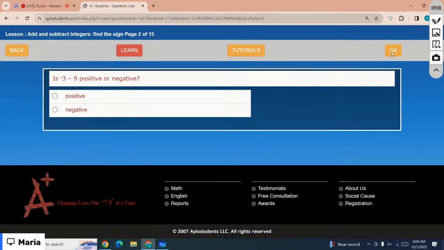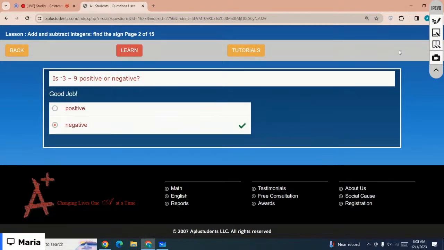Okay, negative 3, negative 9, positive or negative, which is the correct option? Both the numbers are negative, so the answer must be negative, right? The correct option is, yes, that would be negative.